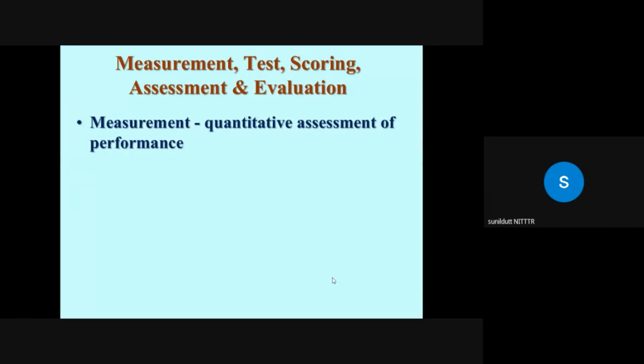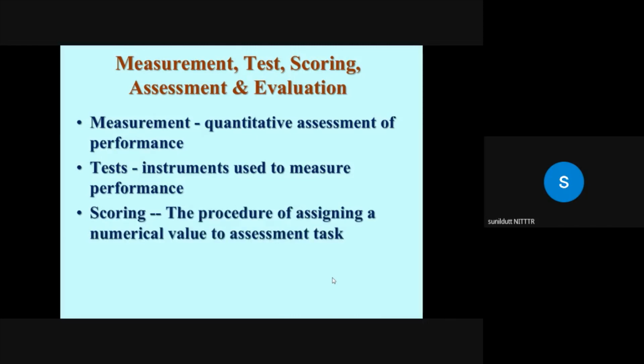Now coming to the second term, the test. A test is an instrument that is used to measure performance. A test contains items based upon the table of specification which the teacher has prepared before setting a question paper. So it contains items pertaining to a delimited domain of performance tasks.